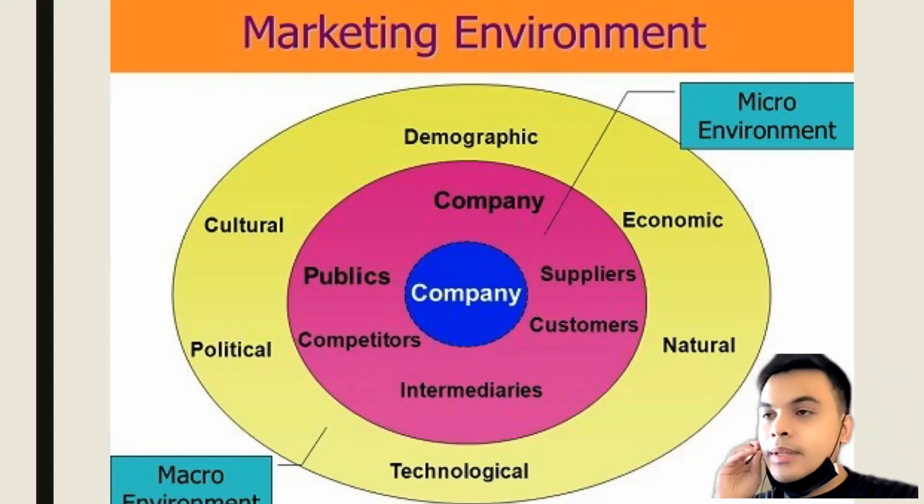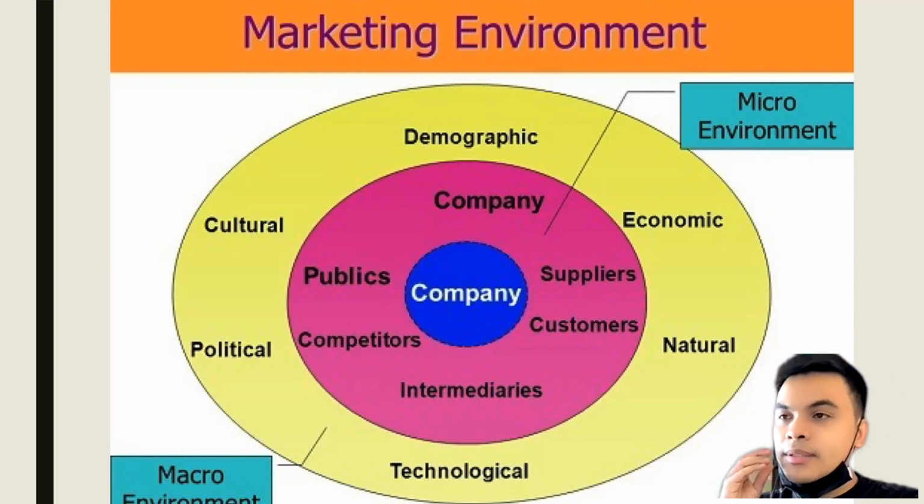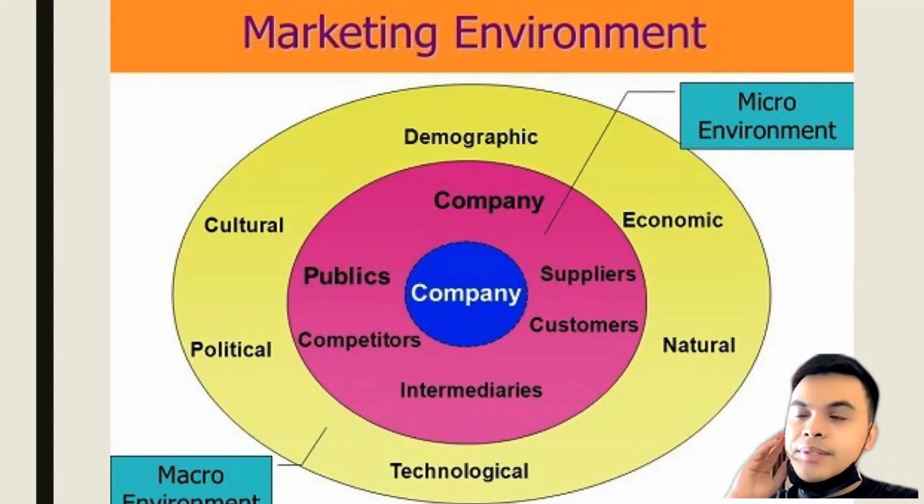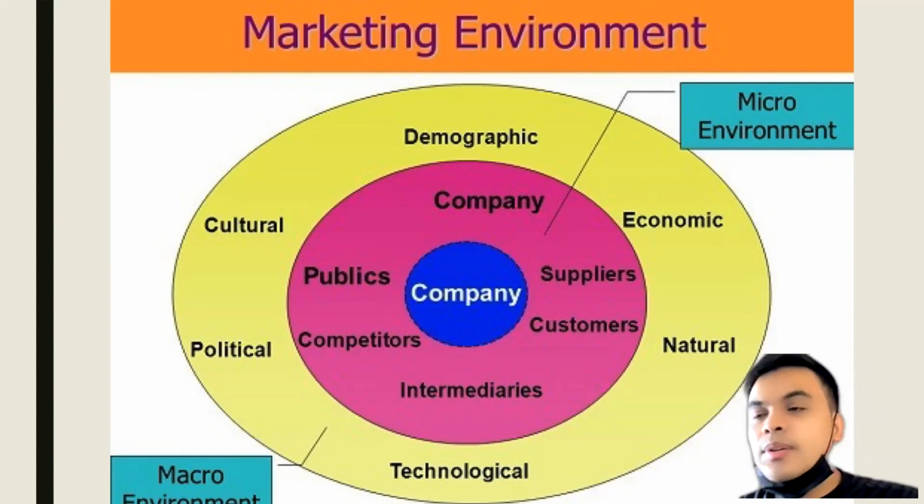We have the demographic, which is the key characteristics of the customers. Economic, what is happening in the economy of the Philippines. Natural forces, such as unfortunate events like typhoons and other calamities. It's something we have no control of.